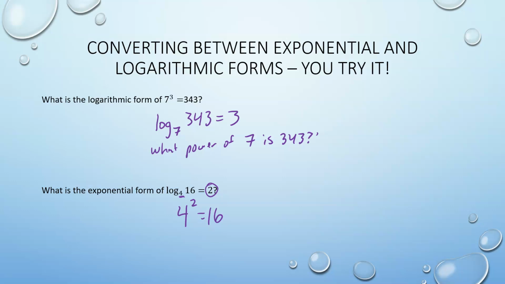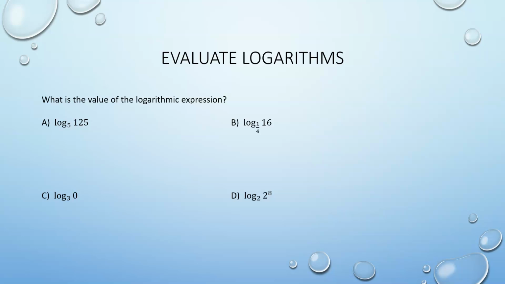But now let's see why we would need that. Okay, because ultimately we want to be able to evaluate logarithms. Okay, so if they give me everything on one side, these are all things that I can actually solve by hand without a calculator. And again, this is why I like to think about it as the what power. As soon as I see log with all of this, I now read it as what power of 5, because that's the base, is 125.